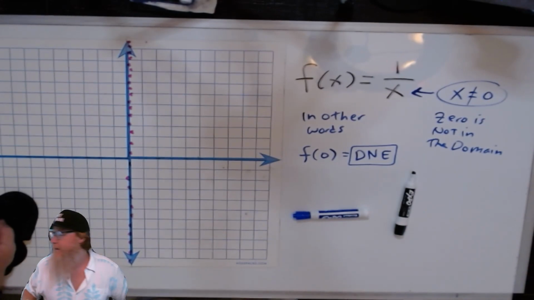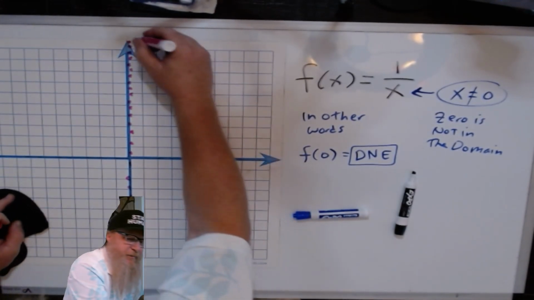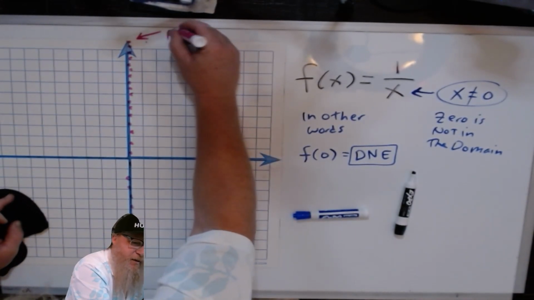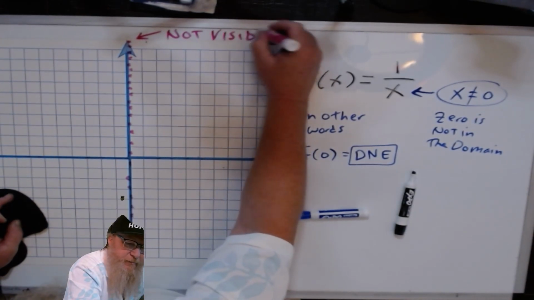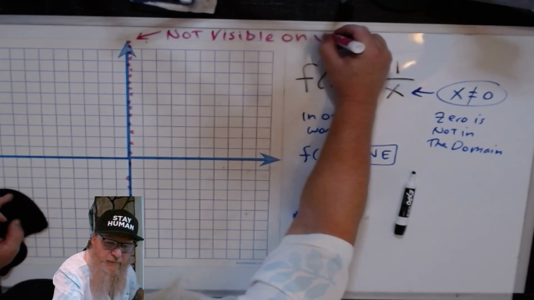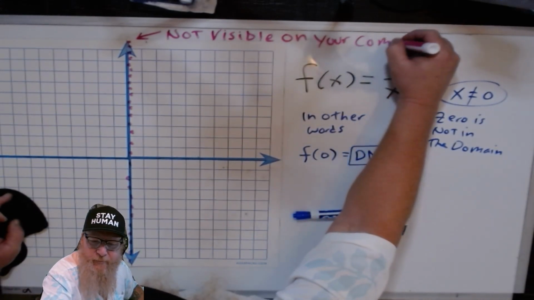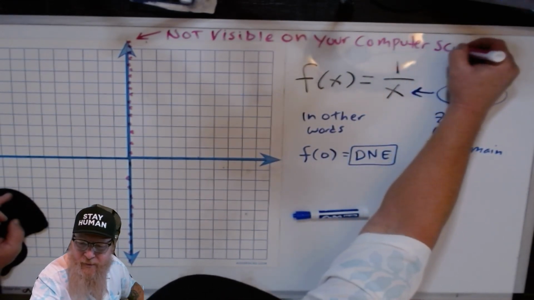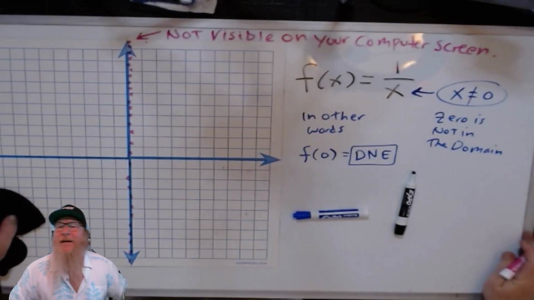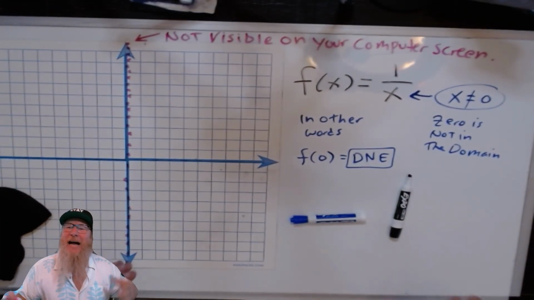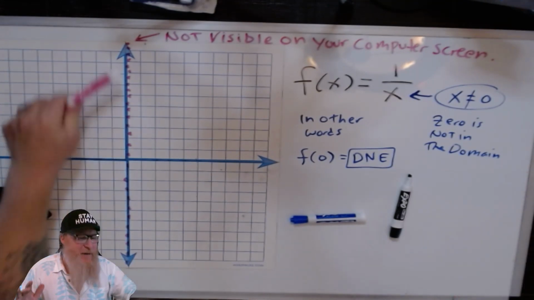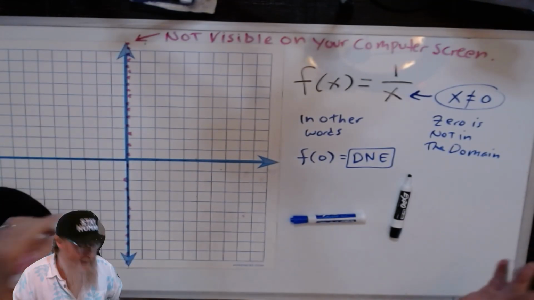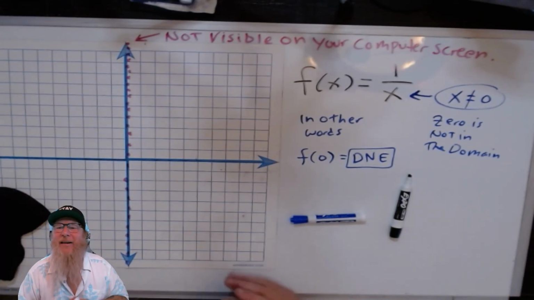All right. Now, I will warn you, this dotted line is not visible on your screen. It's visible if I highlight it and make it stand out, but generally speaking, if you open up the assignment, you won't see this dotted line, right?